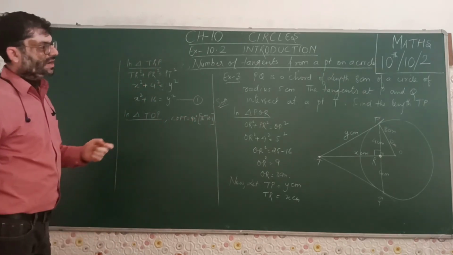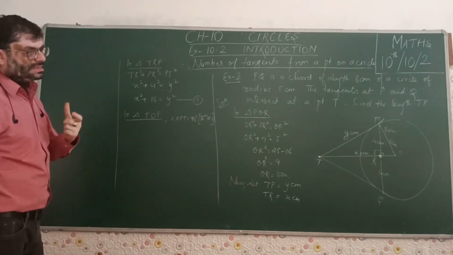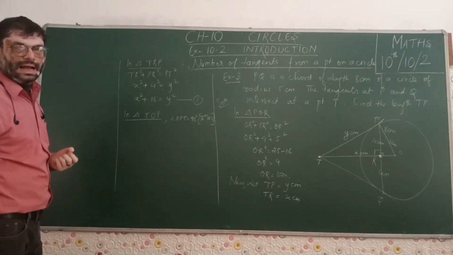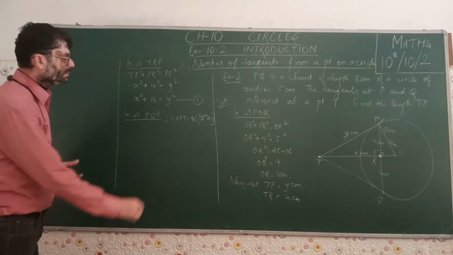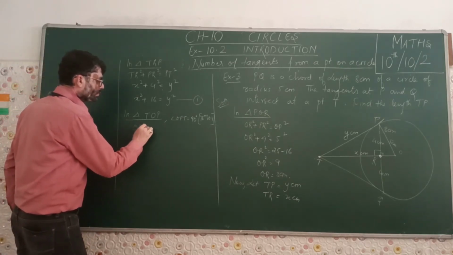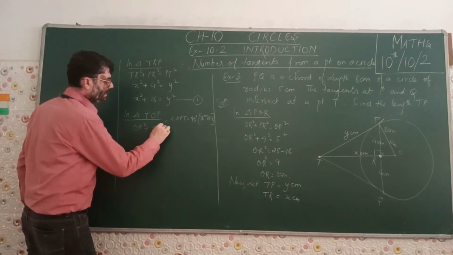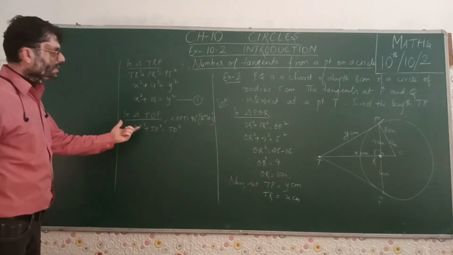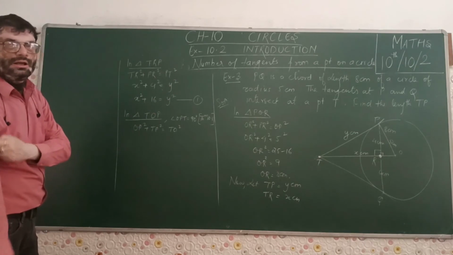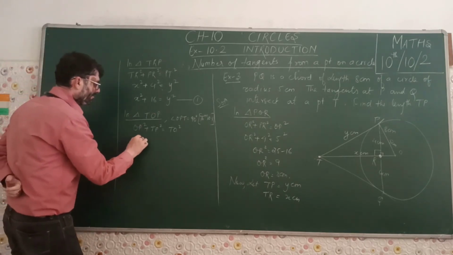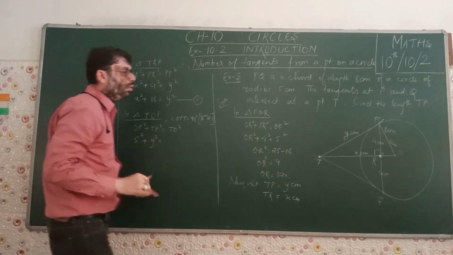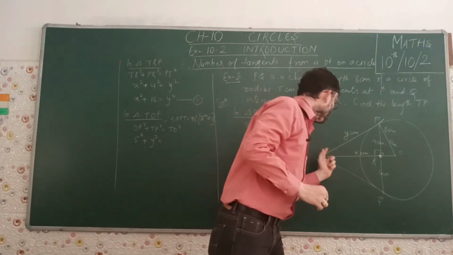So here in triangle TOP, PO is the hypotenuse and the two other sides are OP and TP. So applying Pythagoras theorem, we can say OP square plus TP square is equal to PO square. What is OP? OP is 5 centimeters, so this is 5 square. What is TP? That is y square.